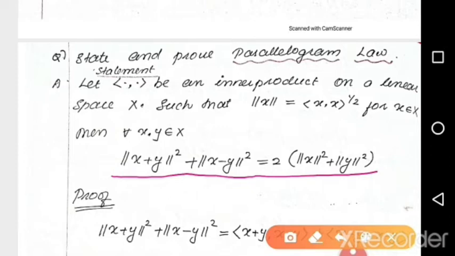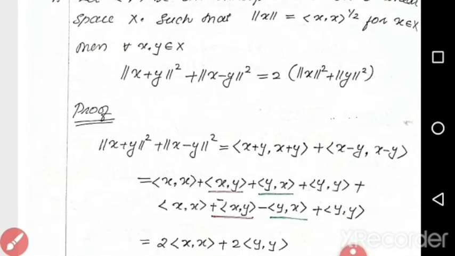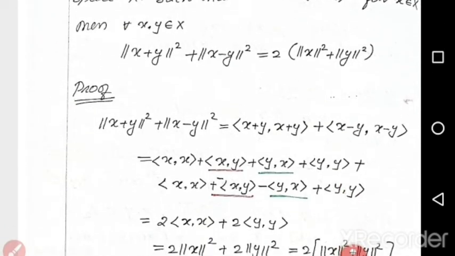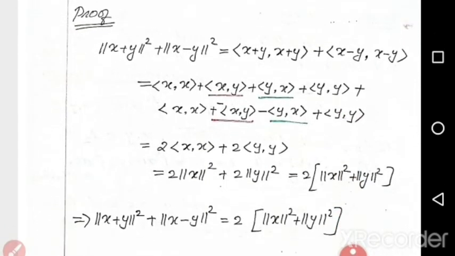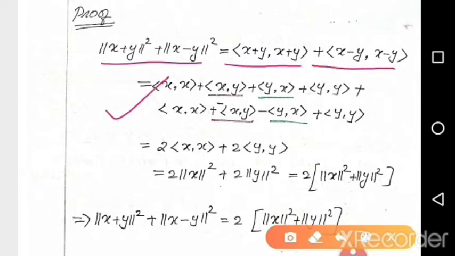To prove the parallelogram law, we start with our LHS, that is norm of x plus y whole square plus norm of x minus y whole square, which is the same as inner product of x plus y plus inner product of x minus y in the second step.